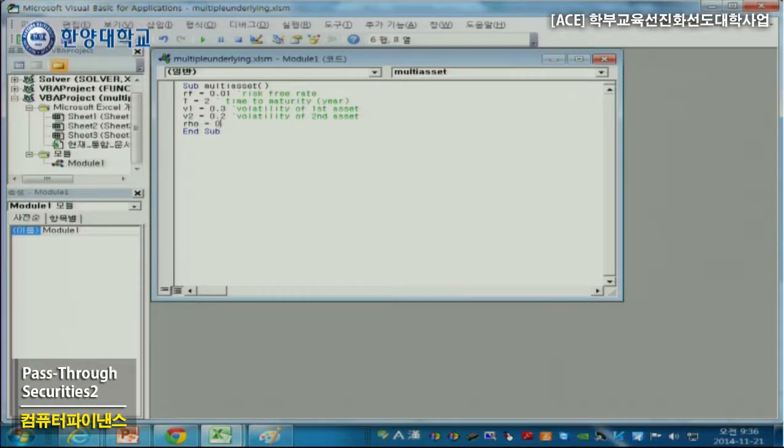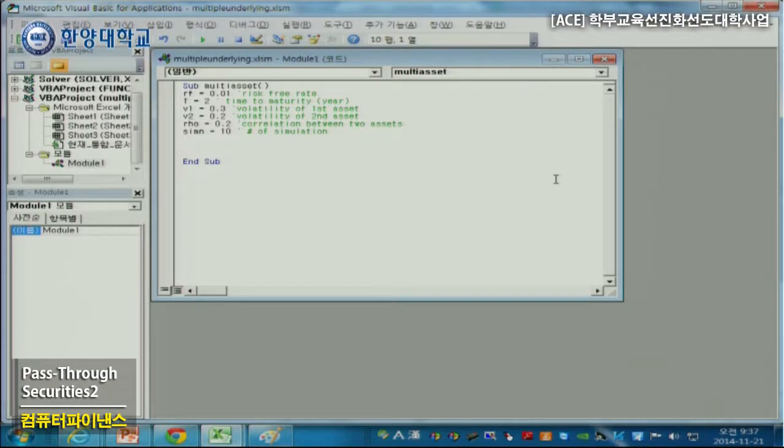Let's say it is 0.2. And then next, because it is a simulation, we need what? We need number of simulation. How much simulation we are gonna do? So sim, number of simulation, let's say 10 times for the time being.